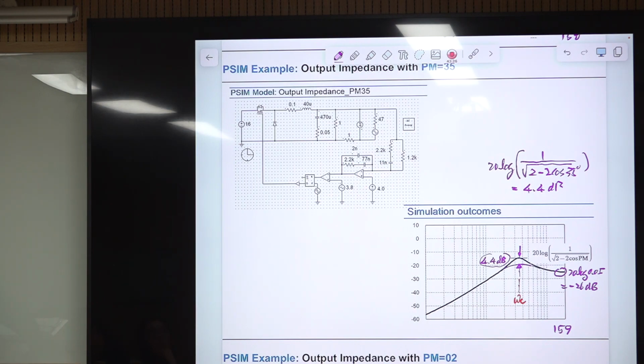This is the loop gain crossover frequency, loop gain.